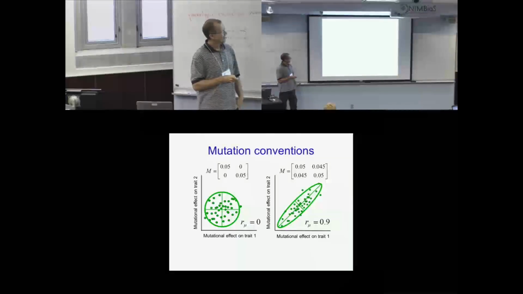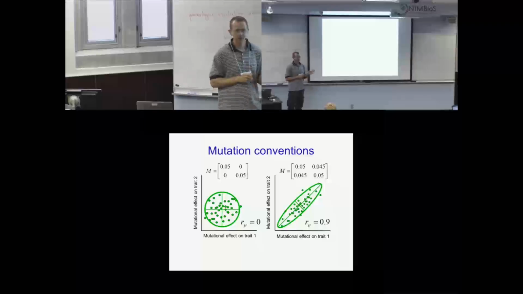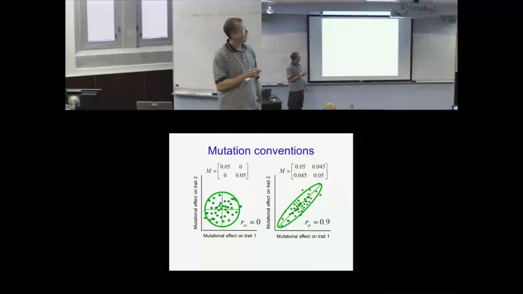All right. So now imagine though that there is a correlation, what I'm going to call a mutational correlation, okay? Now it means that the mutational effects are no longer independent, right? Instead they're correlated. So when you have a mutation that increases trait 1, you're going to tend to get allelic effects that also increase trait 2, right?